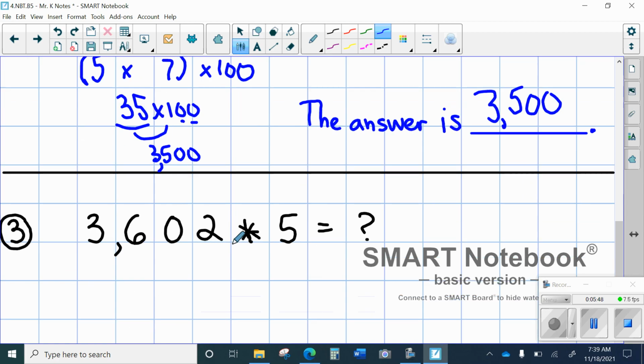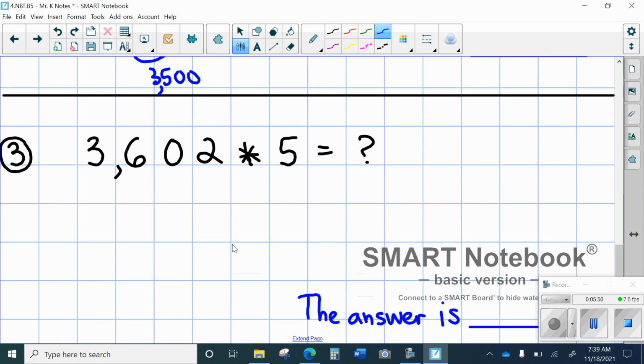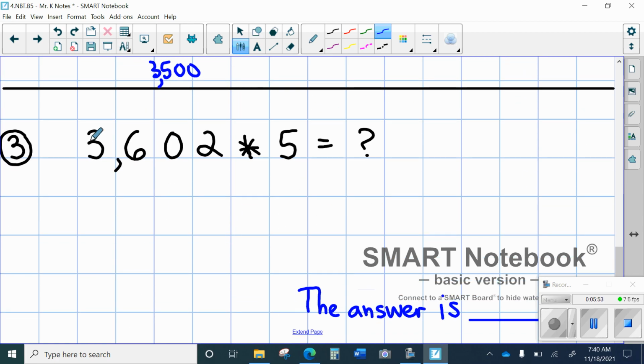We're going to do that same thing for the last one. The only difference is the last one's got more digits in it. This one goes up to the thousands place. So we have 3,602 times 5. 3,602 is going to be between 3,000 and 4,000. Where do you think 3,602 would be?